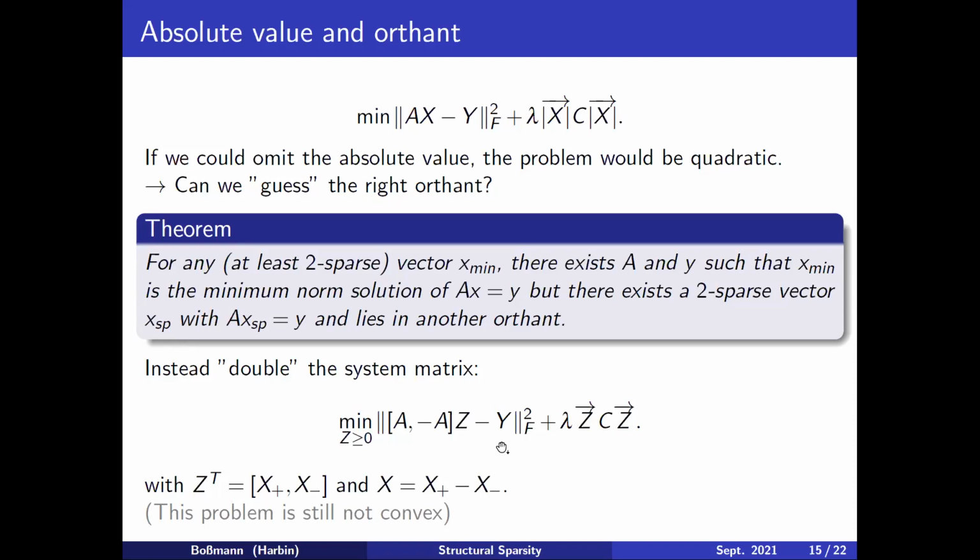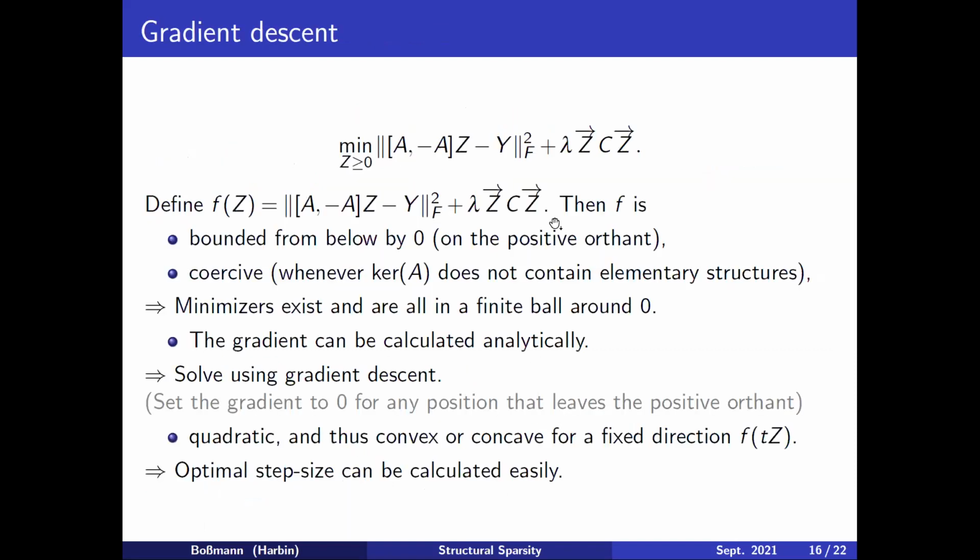This is because the non-convexity of this problem is actually what pushes the solution to the boundary, to the sparse solutions. So we somehow need to handle this problem here.